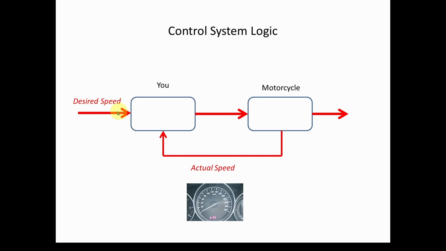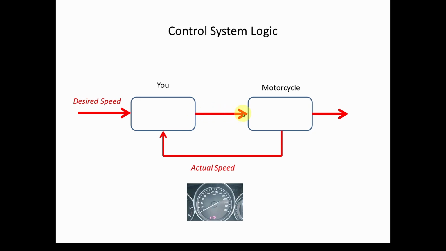You make it up in your head what speed you want to be at, and then the speedometer is another input where you look at the speedometer and it shows you the actual speed, and you have to make up your mind based on what's the actual speed, what's your desired speed, and the output of you as the controller is a throttle position.